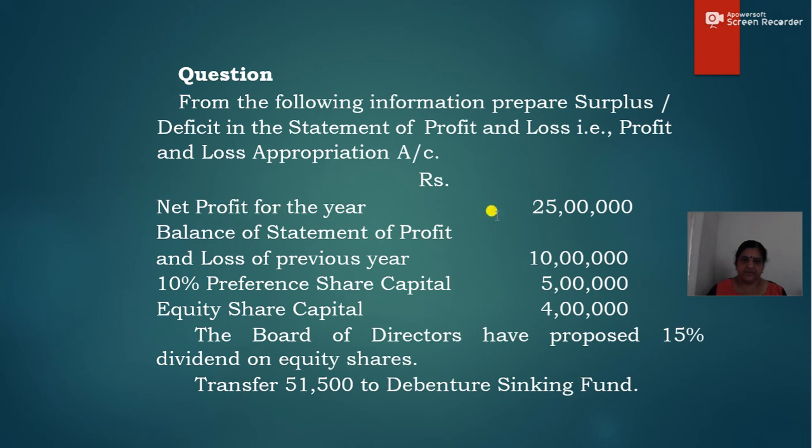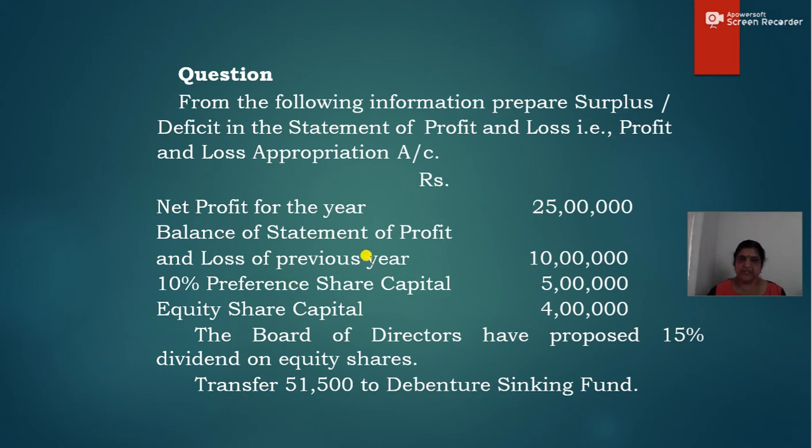Then current year's profit is given, then opening balance is given, then preference dividend, equity dividend, then transfer to debenture sinking fund. Apart from this, two things are not mentioned. One is transfer to general reserve. Depending upon the dividend declared, you have to make a statutory transfer to general reserve.